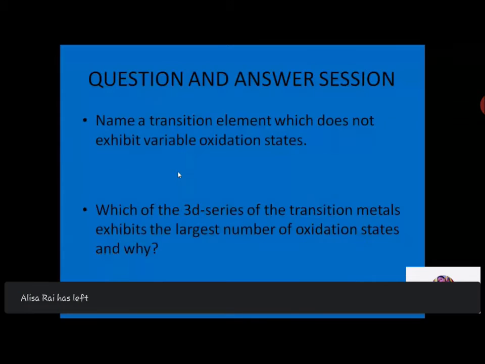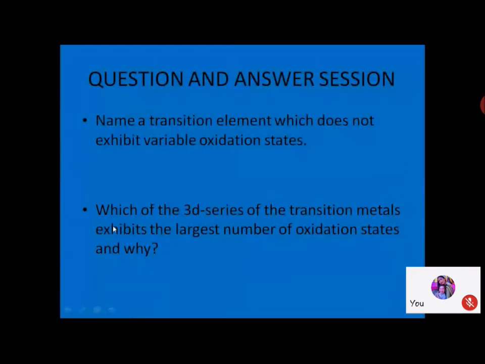Now next up, which of the 3d series of the transition metals exhibits the largest number of oxidation states, and why? In the 3d series, which element shows the largest number of oxidation states, and why?